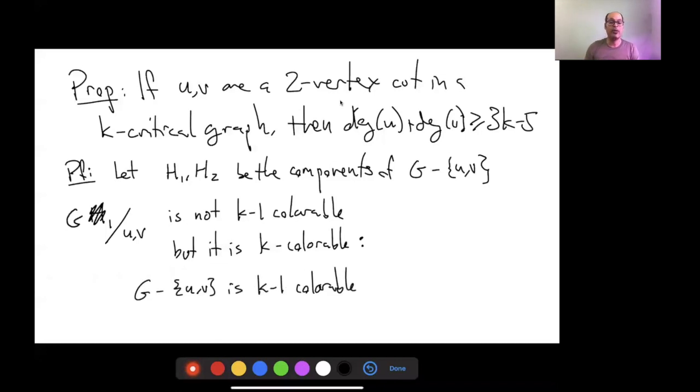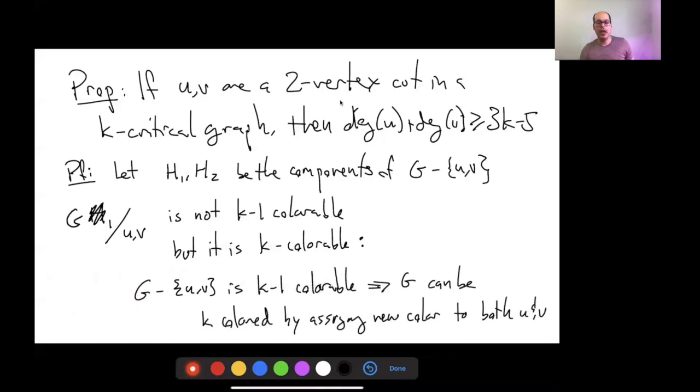Well, on the one hand, if you remove both vertices, it's k minus 1 colorable. But what does that mean? u and v are not adjacent to each other. So if I take that kth color that I haven't used and just assign that to u and v, well, that's different than anything that u and v are adjacent to, because I haven't used that color. And they're not adjacent to each other, so it's not a problem that they have the same color.